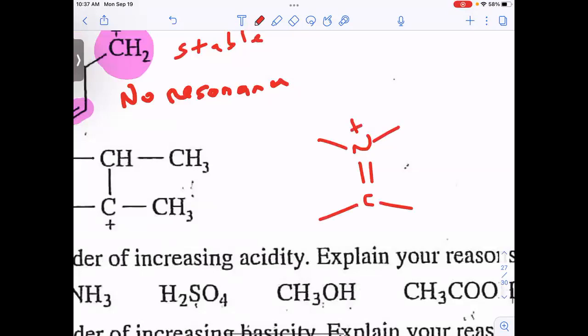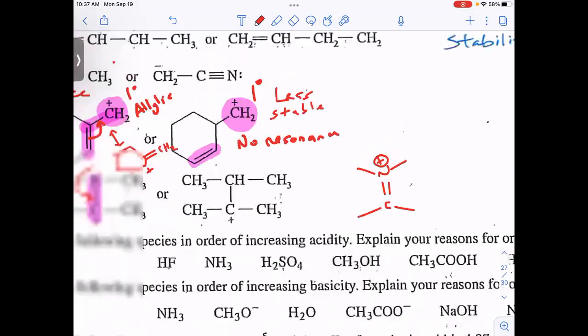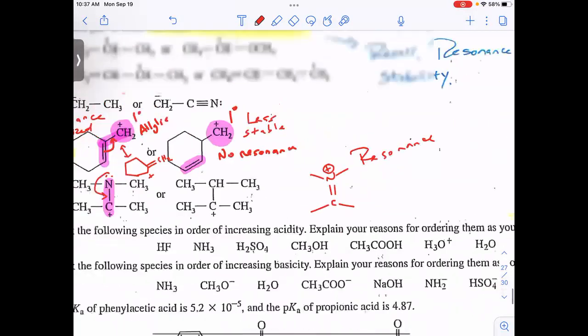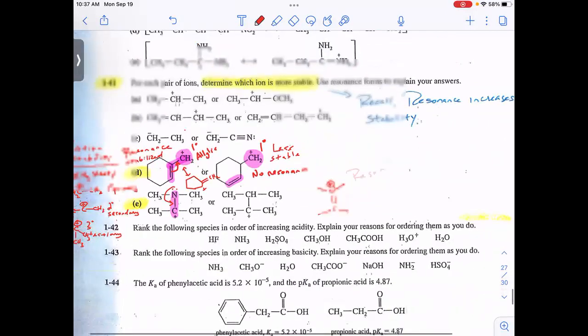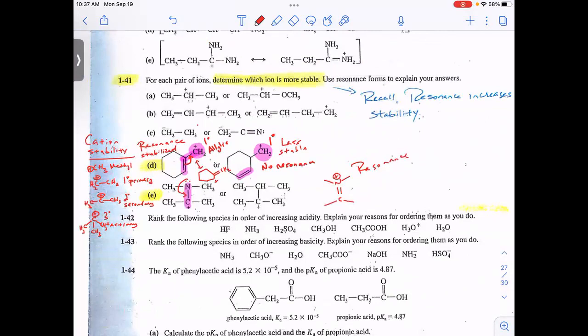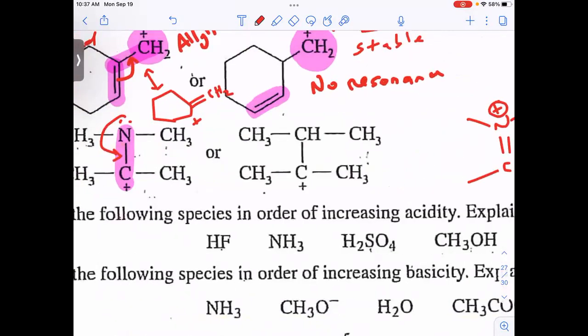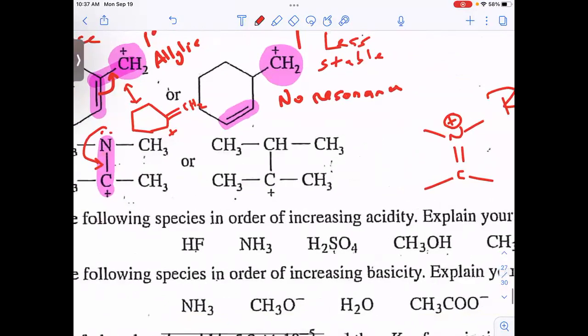But now this is positive, right? So what I've done in essence is I've shared that charge over two atoms, right? And that would be considered a secondary cation, but because I can do resonance, I can stabilize it.